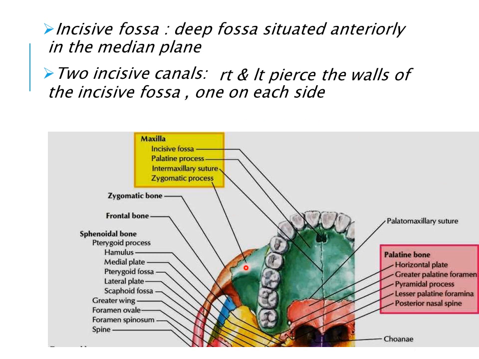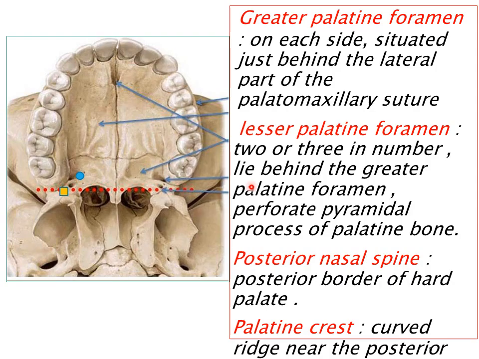Then we can see here the zygomatic bone, and we can make out part of the frontal bone here. So this is about the hard palate, which we can see here. So let me show you the foramina over here.